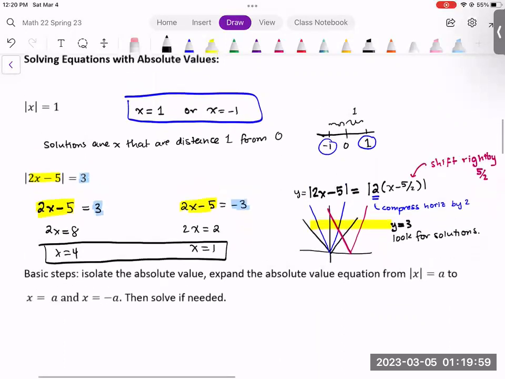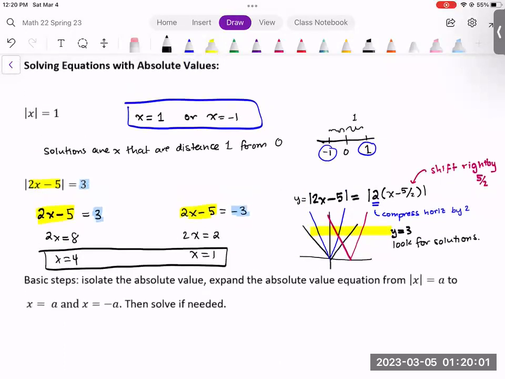Our basic steps when we're solving an equation, so that means there's an equal sign with absolute values, is that we're going to get our absolute value all on its own. We're going to expand our absolute value equation from absolute value of x equals a, to x equals a or x equals negative a, and then solve.